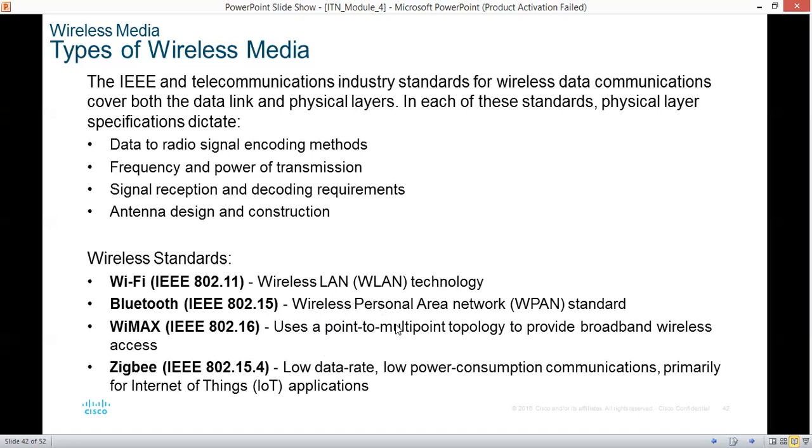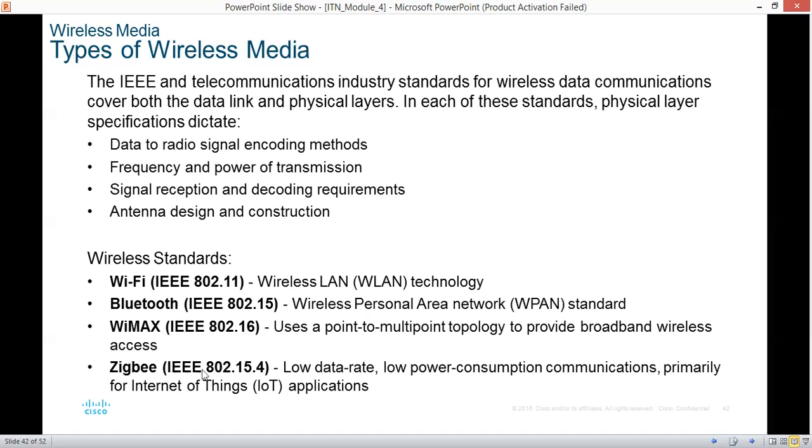So it's referred to as a PAN, or wireless PAN, as the case may be. WiMAX is 802.16. This is like your Globacom and all of that. They fall under WiMAX and use a point-to-multipoint topology to provide broadband wireless access.